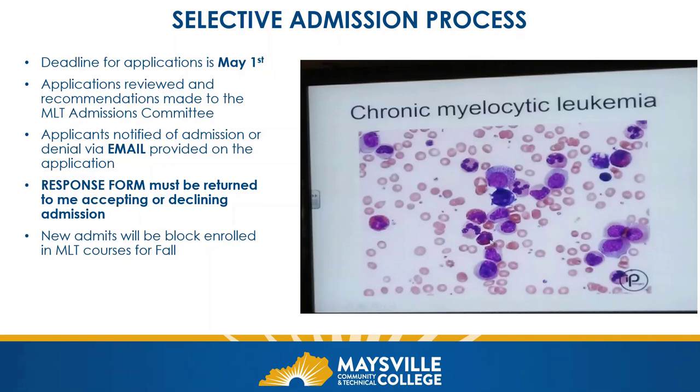Once you are notified and you've been admitted, there is a response form which must be returned to me, Michelle Thurlman, at the Maysville campus, accepting or declining your admission into the program. New admits will then be block enrolled in the MLT courses for the fall semester. If you have been denied, you can certainly apply the following spring for fall admission again.